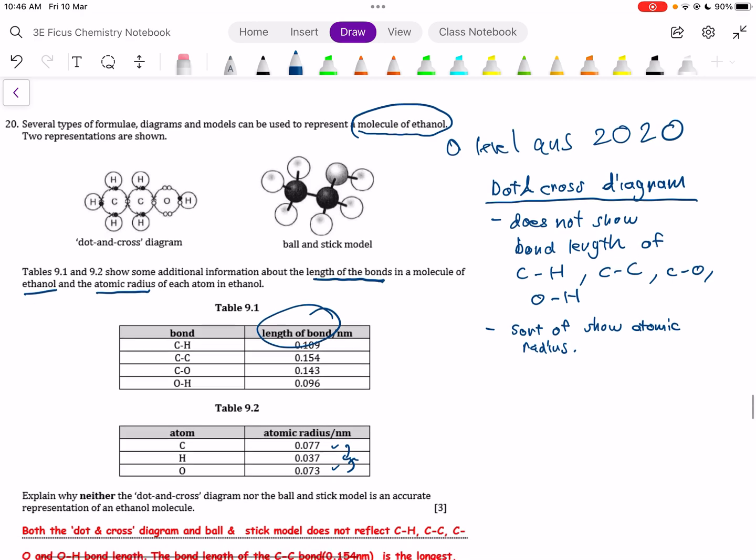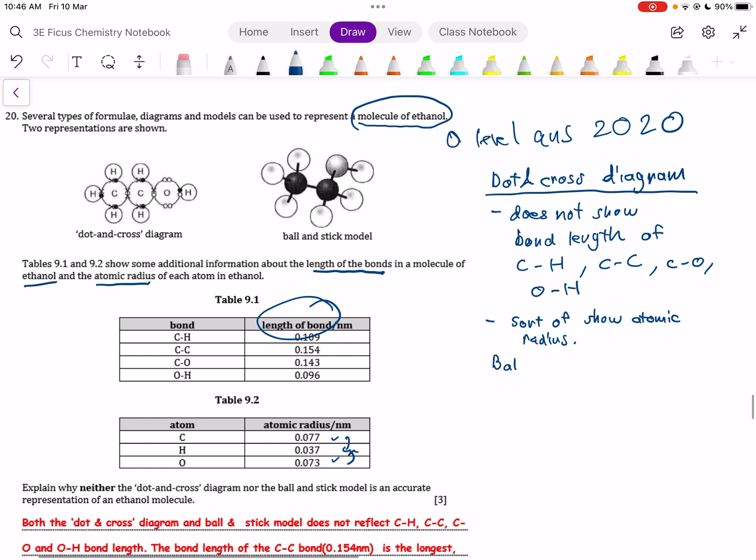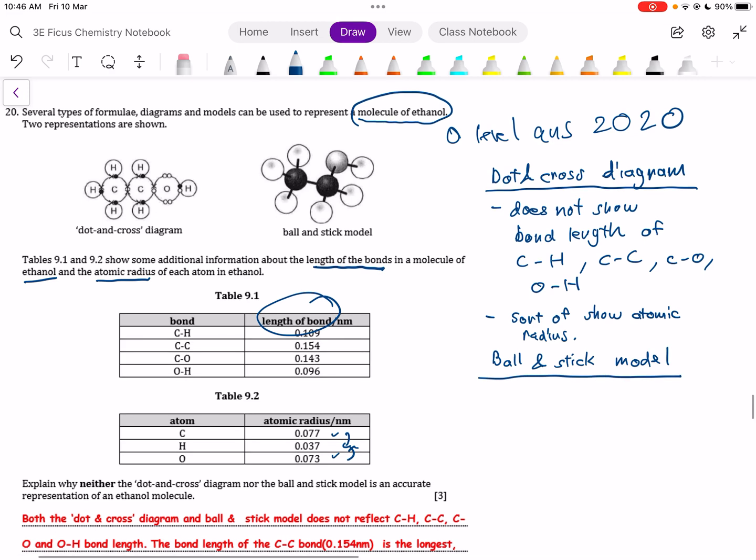Then now we go into the ball and stick model. Let's look at the bond length. It seems as though all of them are the same. So in this one all the bond lengths are the same, although it's clear from the data.